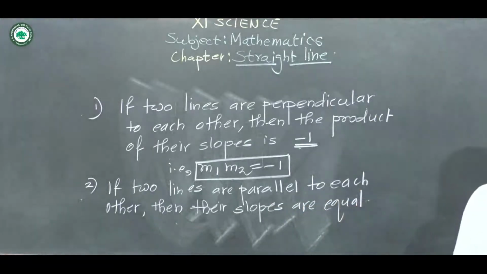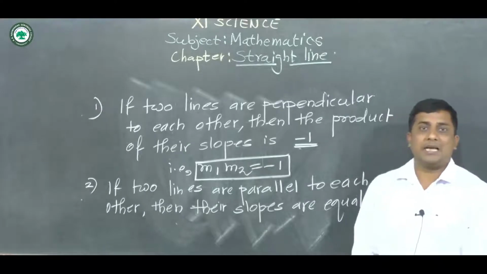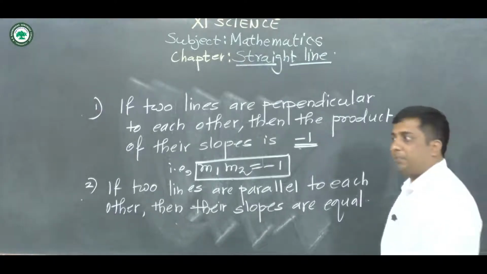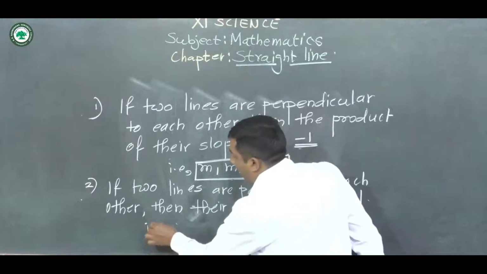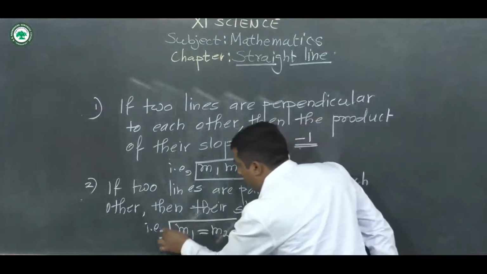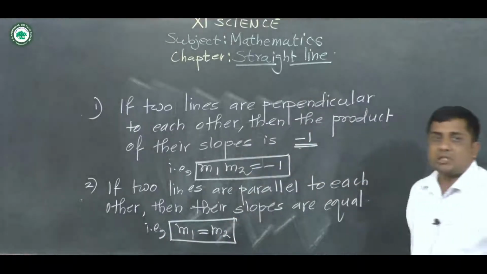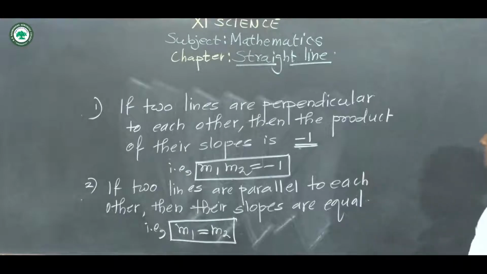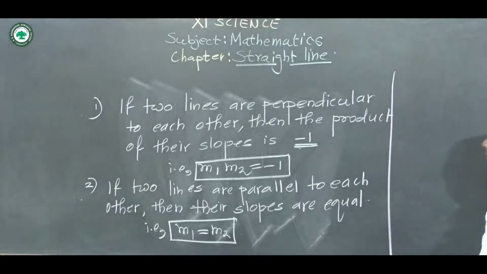Again, let the slope of the first line be m1 and the slope of the second line be m2. If the given two lines are parallel to each other, then m1 is equal to m2, that is, the slopes are equal.